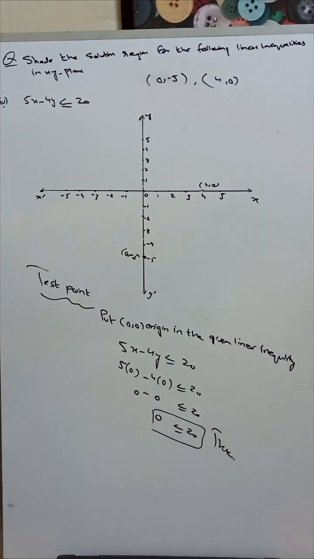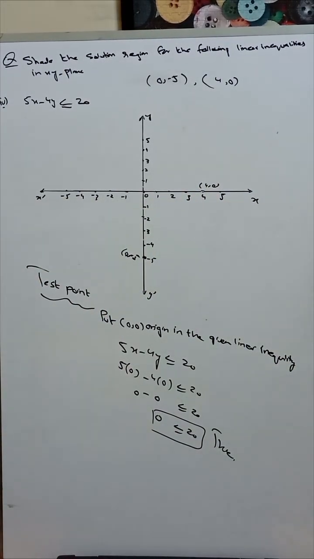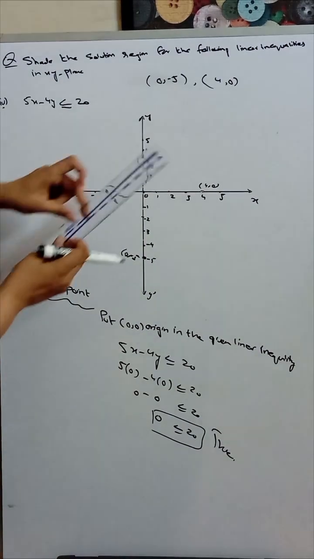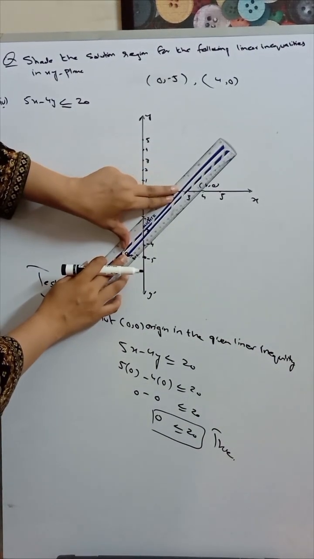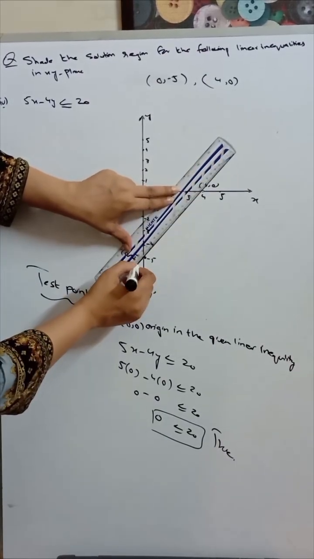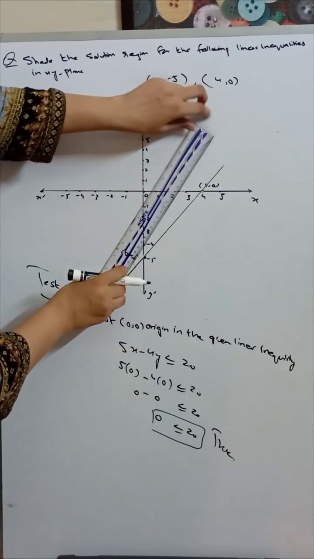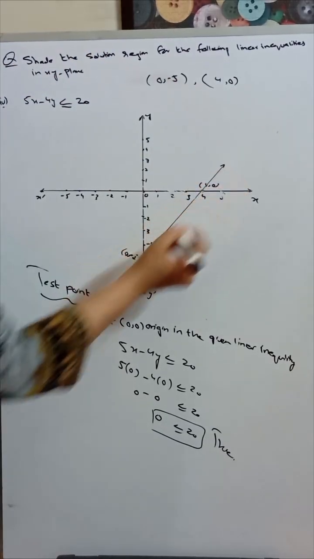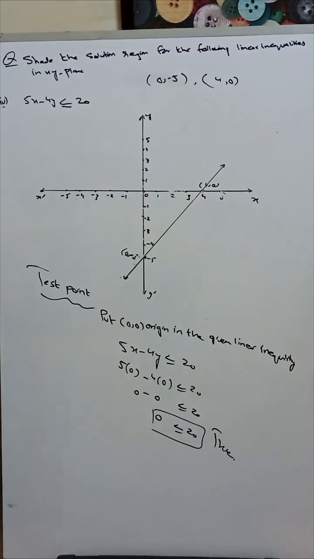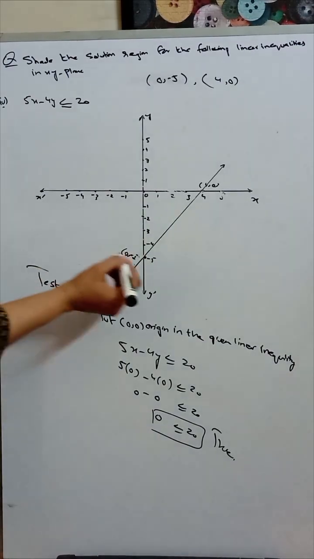By joining these two points, we get a line. This is a line which cuts the two points (4, 0) and (0, minus 5).